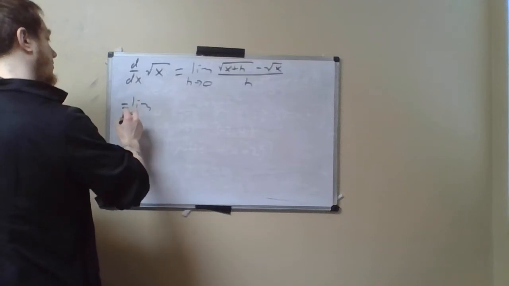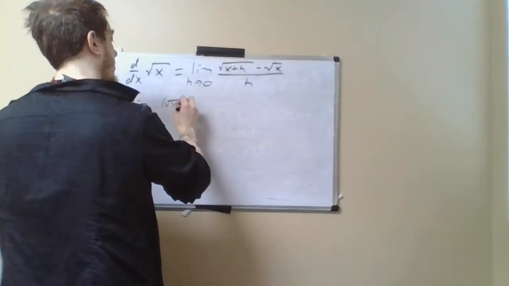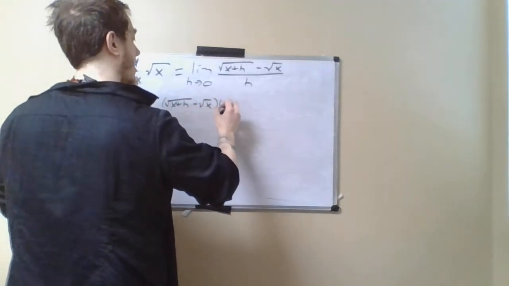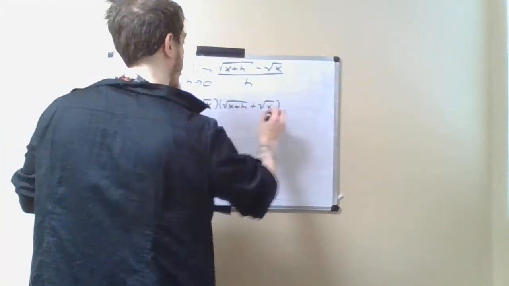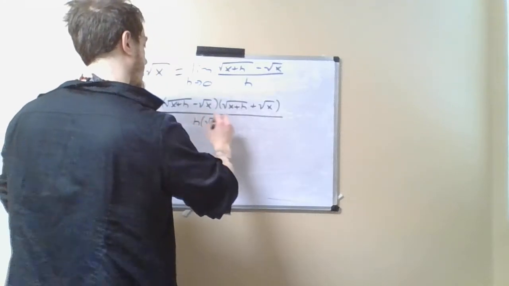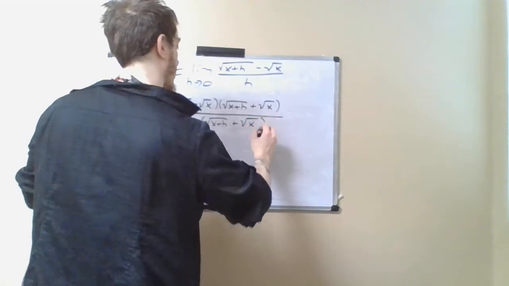So this is equal to the limit as h goes to 0 of square root of x plus h minus square root of x, times square root of x plus h plus square root of x, divided by h times square root of x plus h plus the square root of x.